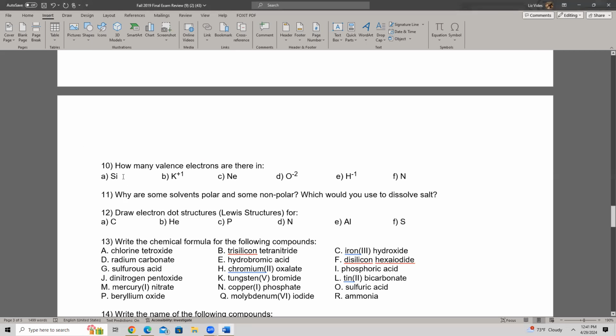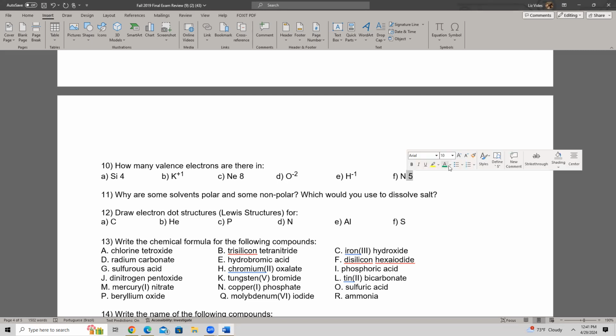Our group number for this one is 4, yes? 4A. So the answer is 4 for neon. And you notice I'm skipping the ones that are positive or negative. So right now we're just doing the ones that aren't. Well, that one's 8, right? Then you've got nitrogen. Nitrogen is 5 because it is in group 5. We know all of these.